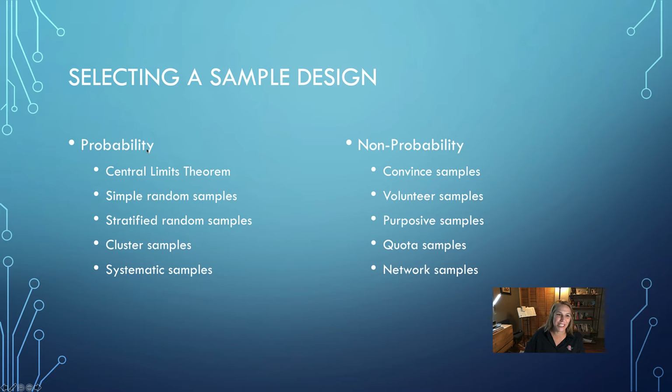So probability is this notion that everyone in the population had an equal chance of being selected. And of course, in our studies, there's just no way we can do a probability sample. It would be feasible if we were on campus and I said everyone needs to survey just SDSU students on campus at random.